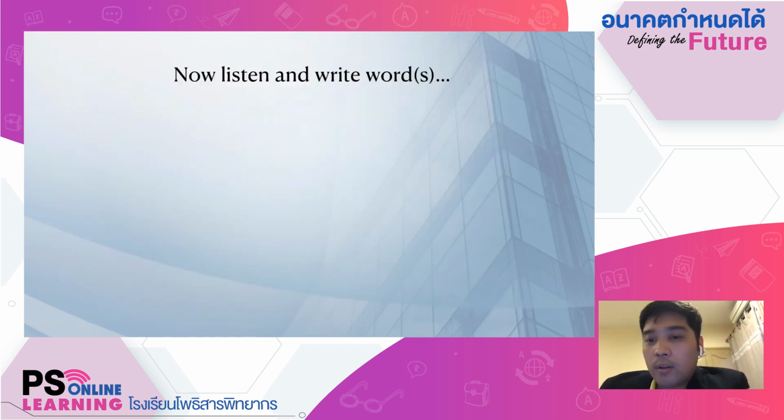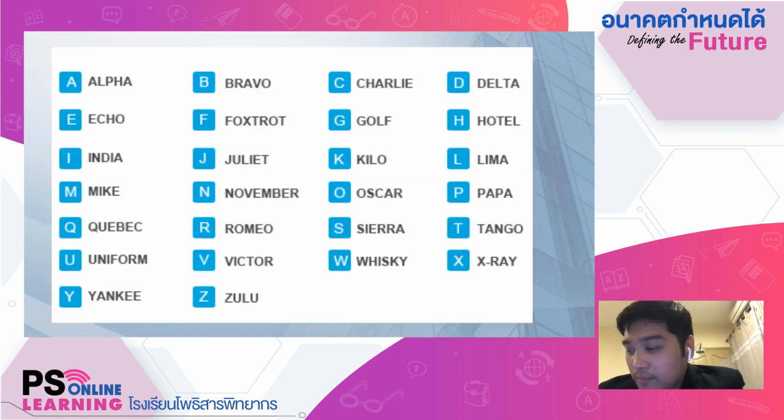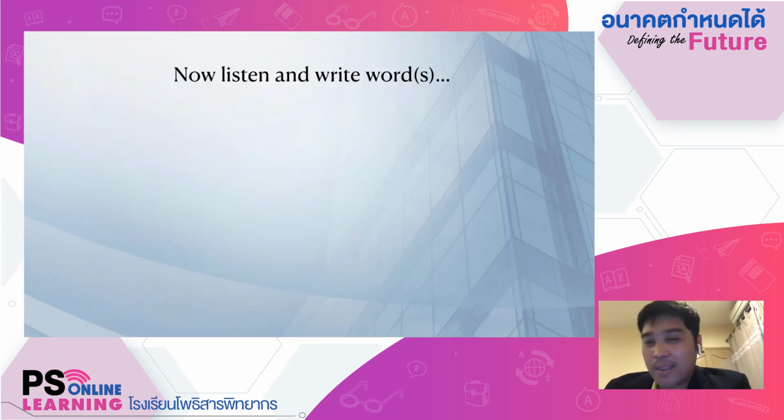So, Victor, Oscar, Lima, Delta, Echo, M is for Mike, okay? Oscar, Romeo, Tango. So it's Voldemort. Next one. Try to write out these words.